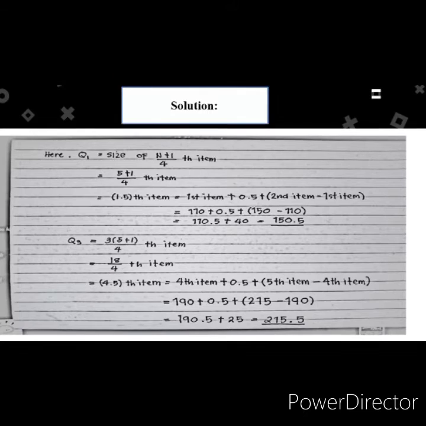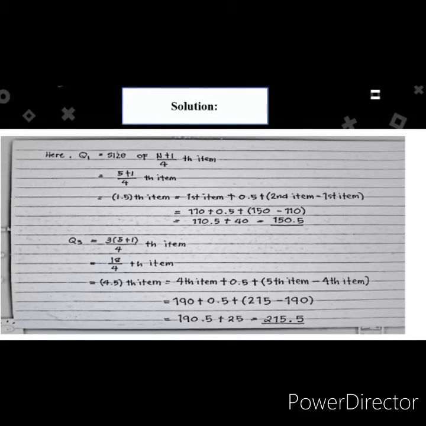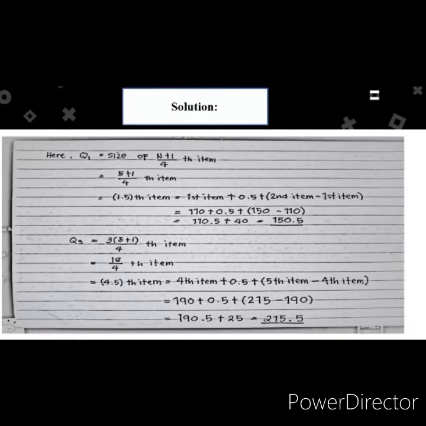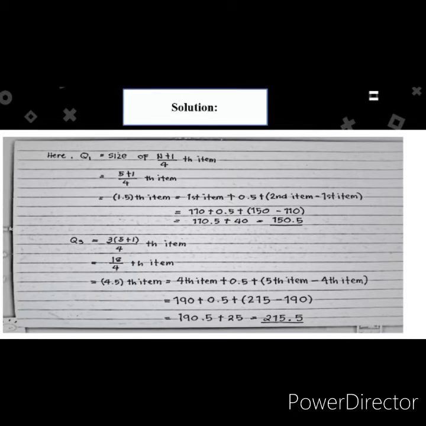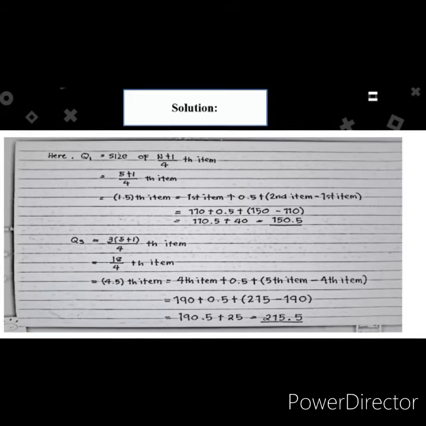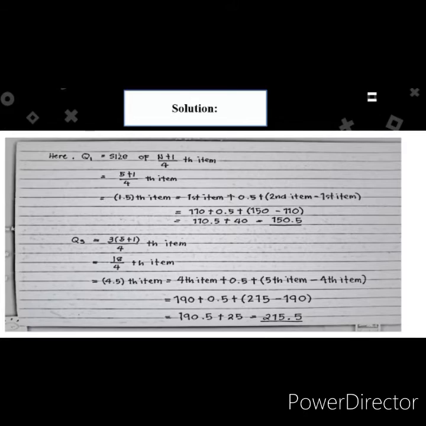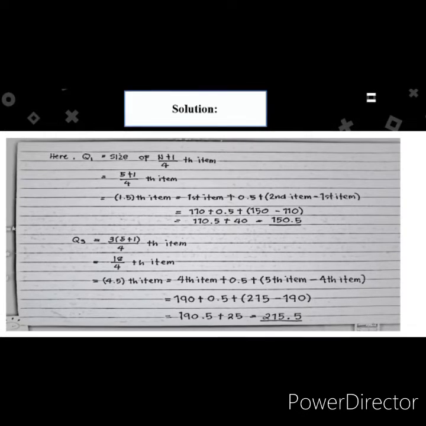Here we have 110 as the first item plus 0.5 times 150 as the second item minus 110 as the first item. So the answer is 150.5, because 110 plus 20 is 130... in effect, the result is 150.5.